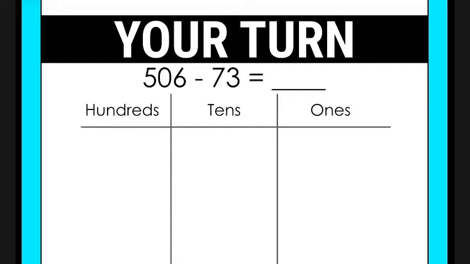So you're going to take 506 and write that in expanded form in the hundreds, tens, and ones chart. So you should have 500. Were there any tens? There were not. So I'm going to put a 0 there. And then there are 6 ones.